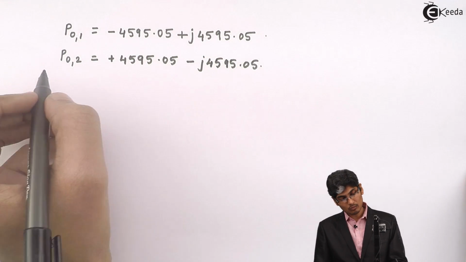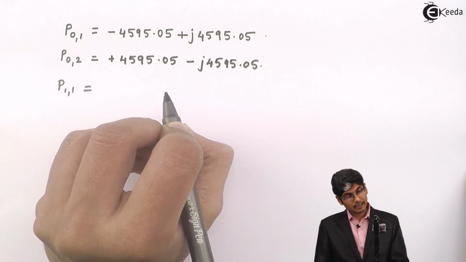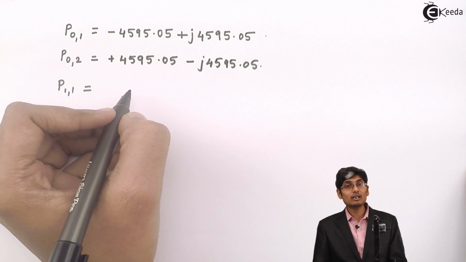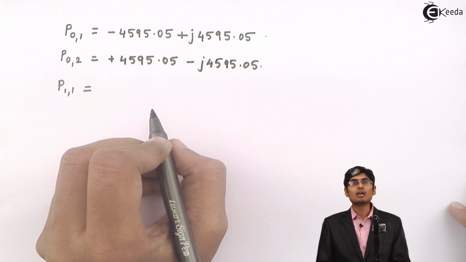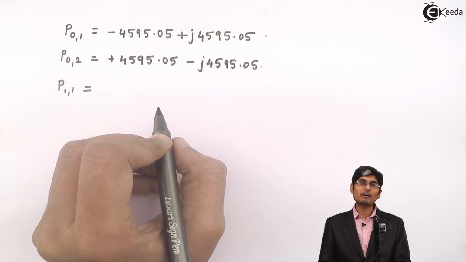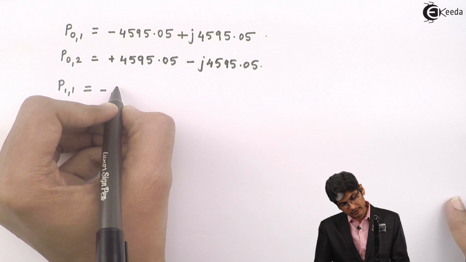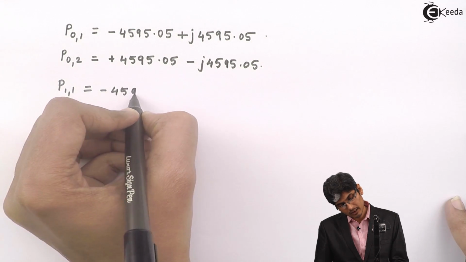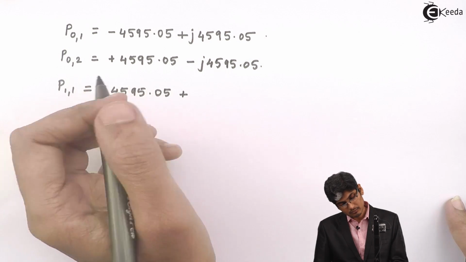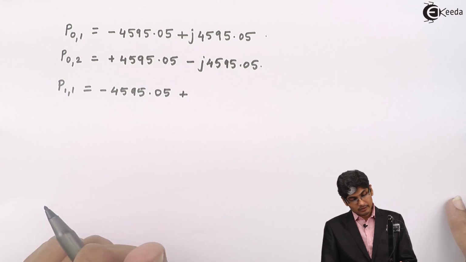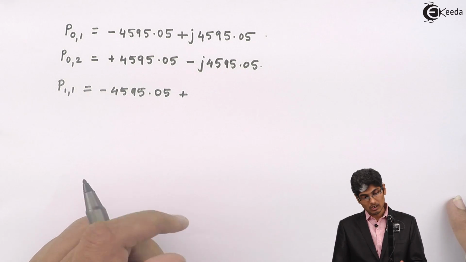Okay, this is P01. If I consider P11, cosine 5 pi by 4 is minus 0.707 and sine 5 pi by 4 is minus, it's not plus.